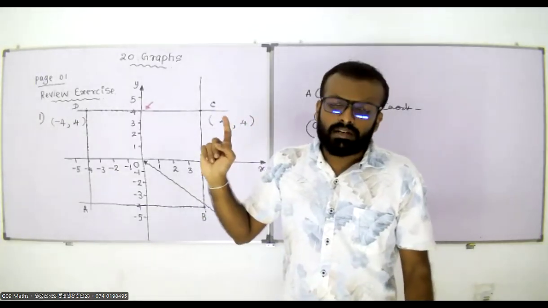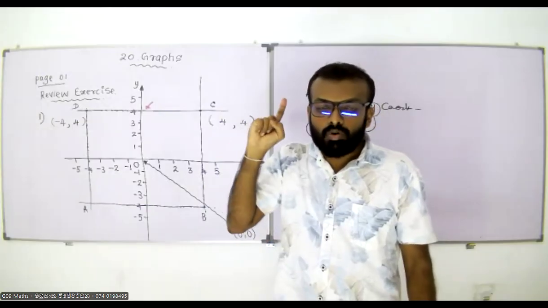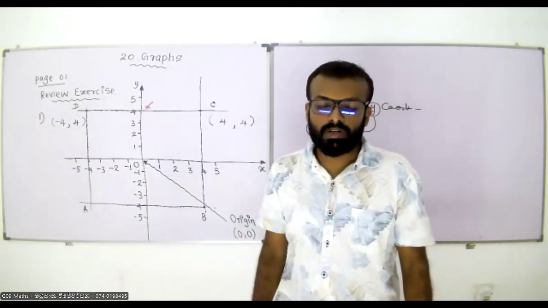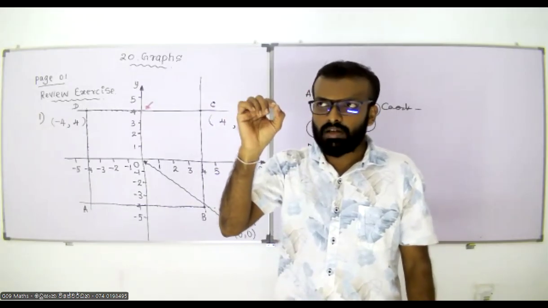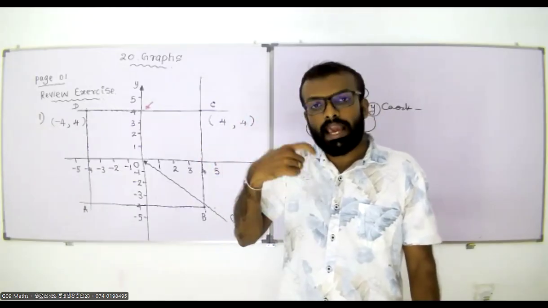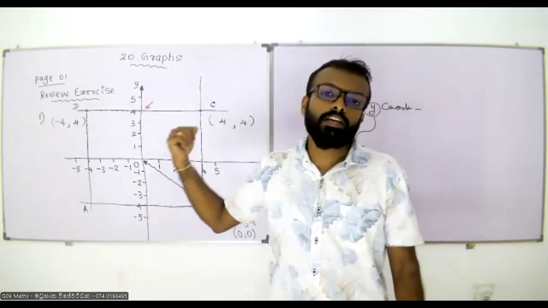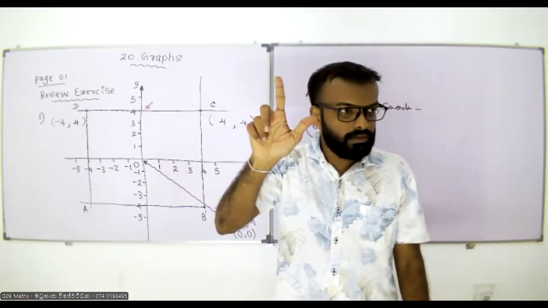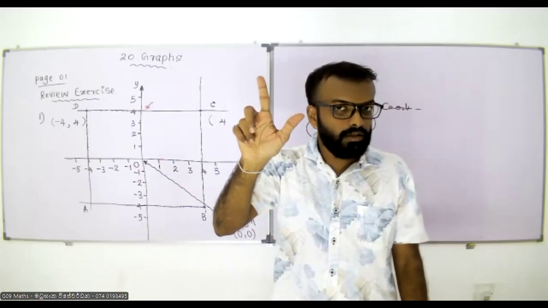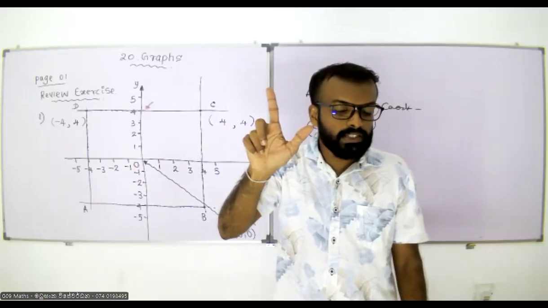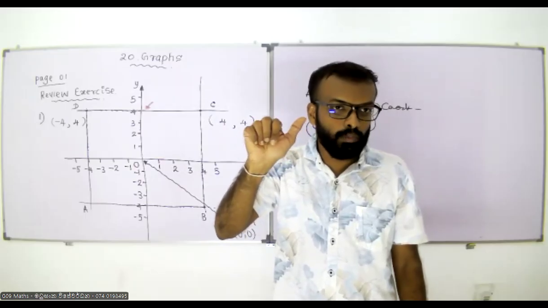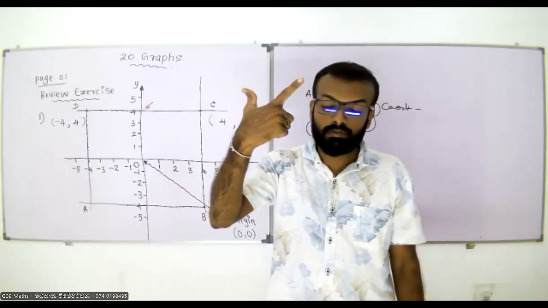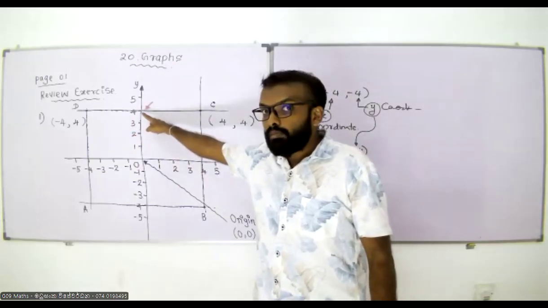Now you need to think: in which axis does that CD line cross, and at which point? That is the equation of CD. Which axis? The y-axis. Which point? Positive 4.